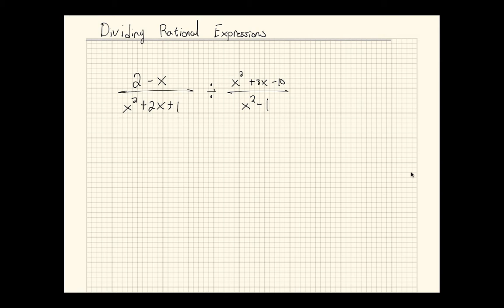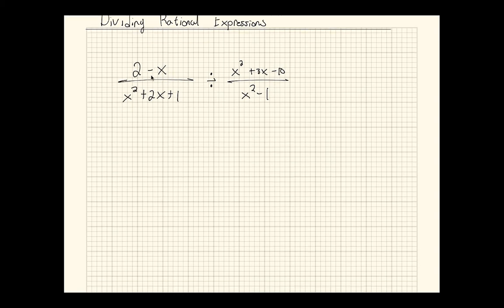So let's factor this out. You might notice this is kind of weird looking, just in the order that it's written, 2 minus x. A lot of times whenever we have something like this, like a 2 minus x rather than an x plus 2 or an x minus 2, a good idea is to factor out a negative from this. For example, when I factor out a negative, it will look like an x minus 2.